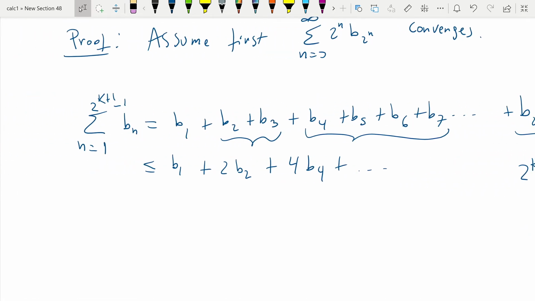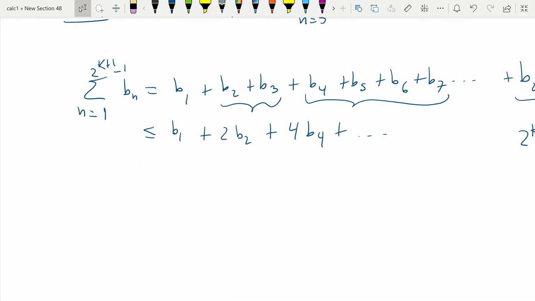And as I said, because we're only adding non-negative terms, the partial sums constitute a monotone sequence.